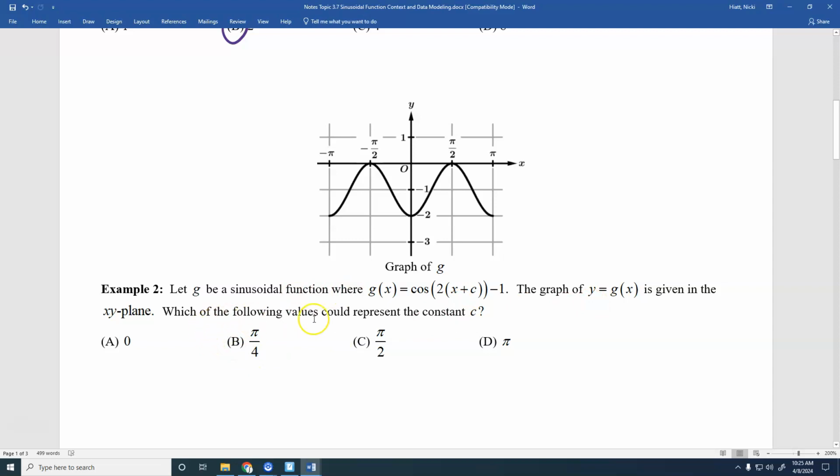Which of the following values could represent the constant c? Okay, so in this equation, we've got a negative 1. That is our midline right here. We also have a 2 right here. What does that do to our graph?